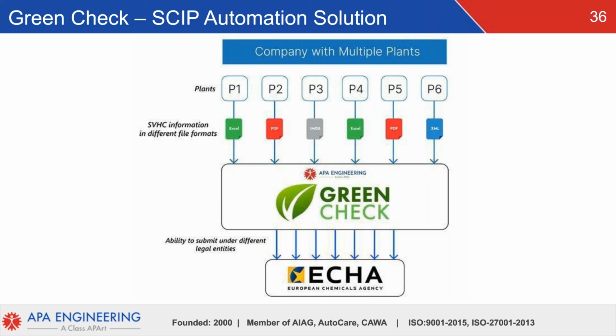Multiple plants can share the data in different formats, be it Excel, PDF, IMDS, or XML, whatever. All that goes to GreenCheck, and from there we can select whichever plant we want to push. With a click, it automatically goes and sits in the ECA database. So it can handle multiple plants, multiple legal entities, and different formats.